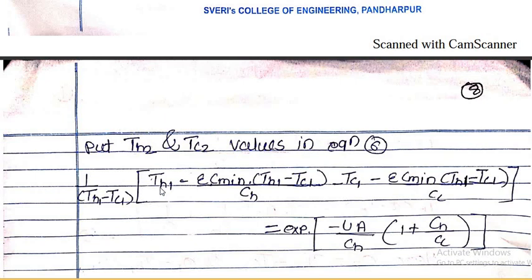So the numerator becomes Th1 - η Cmin (Th1 - Tc1)/Ch - Tc1 - η Cmin (Th1 - Tc1)/Cc, equal to exp[-UA/Ch (1 + Ch/Cc)].